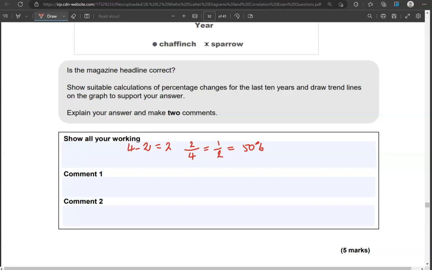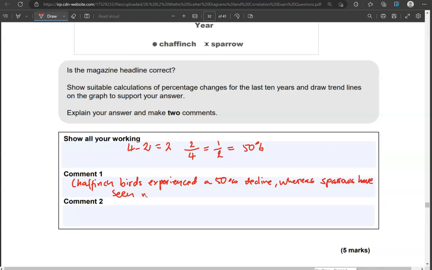So what I'm going to say is that chaffinch birds experienced a 50% decline, whereas sparrows have seen no decline or no percentage change.